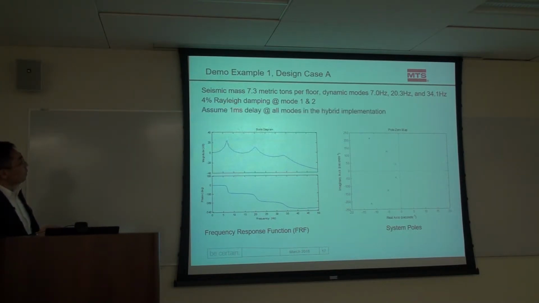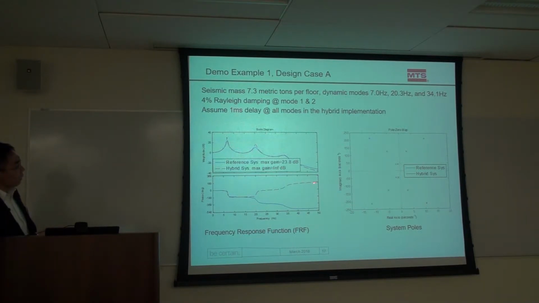But once we do a hybrid configuration and use the equation of motion we just saw a couple of slides back, construct that system, do the frequency response plot and the system poles, you can see that now it's actually an unstable system when I introduce only 1 millisecond of delay.